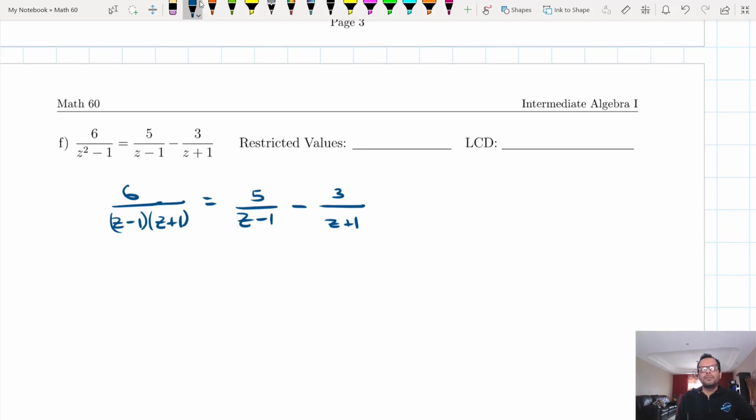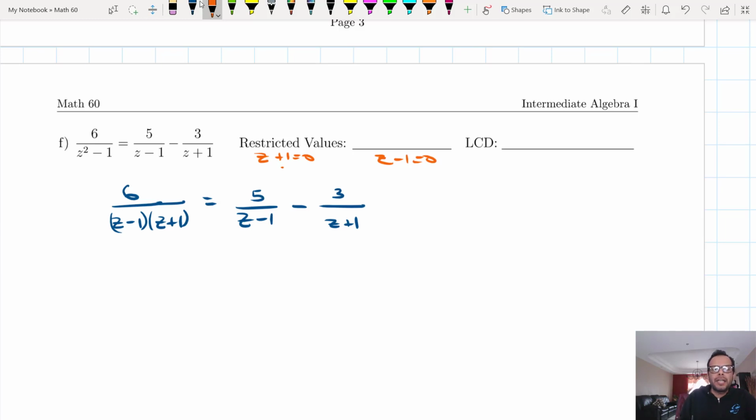Okay, so number two, the next step would be to find those restricted values, right? That is z plus 1 equal to 0 and z minus 1 equal to 0.